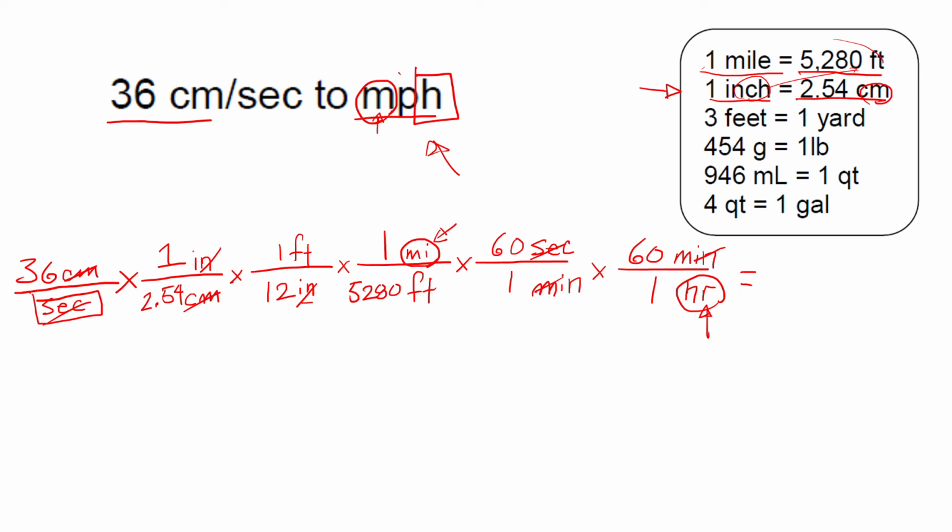And what I get is 0.80. I actually get 0.80496, but I'm just going to put down 2 sig figs because over here there's very few sig figs. I should actually just put down 0.8. So 0.8 miles per hour.